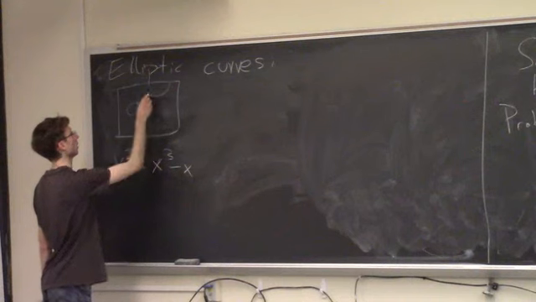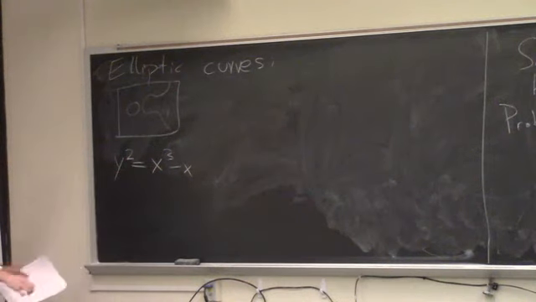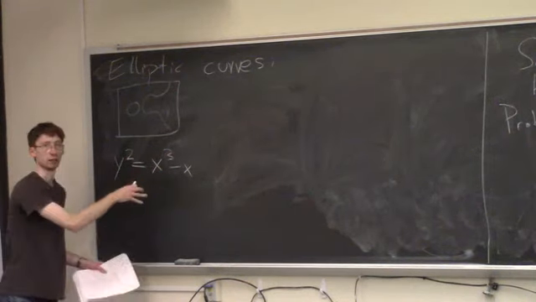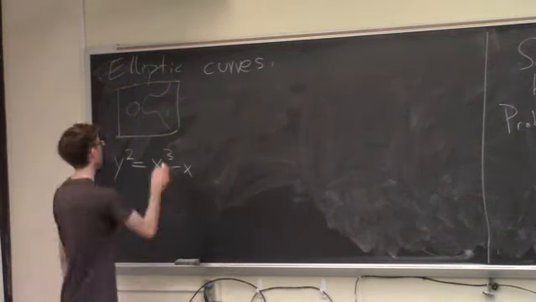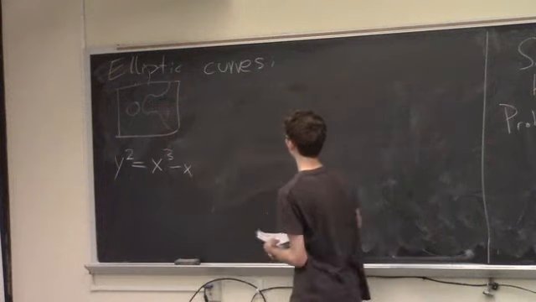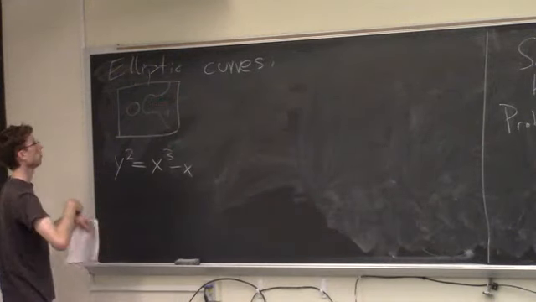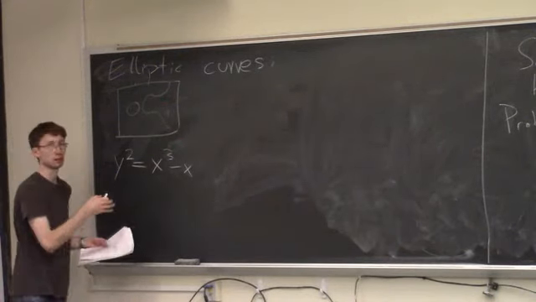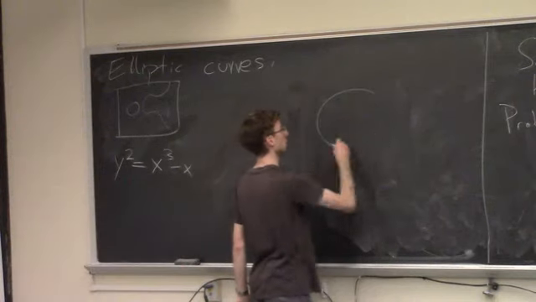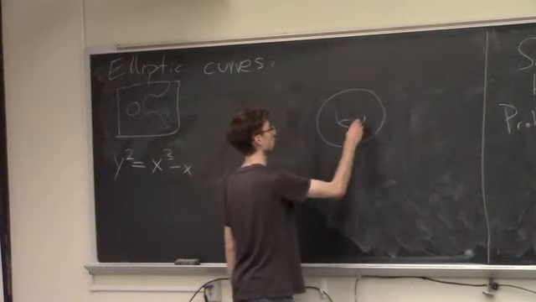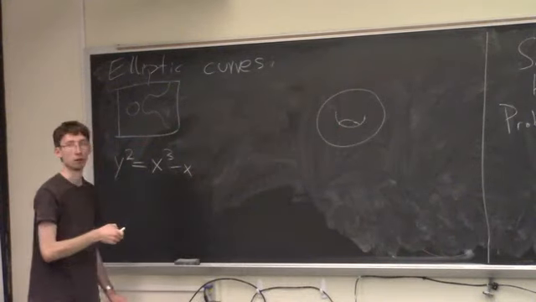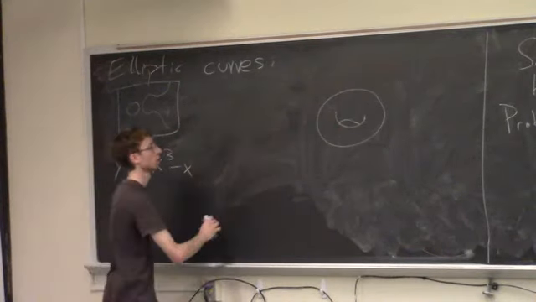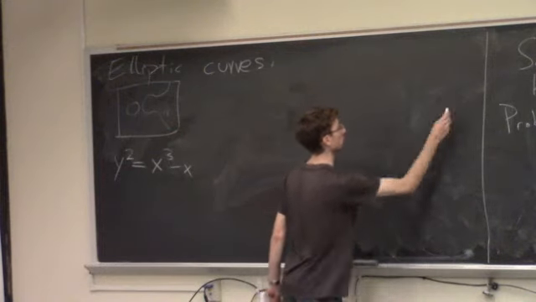And if you draw the real picture, it might look something like this. I've here just drawn an example of an elliptic curve. But we should work with the complex numbers, so an elliptic curve looks like a surface, and they turn out to correspond to genus 1 surfaces.